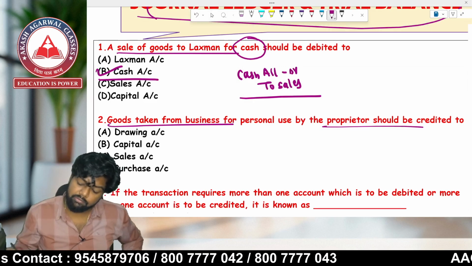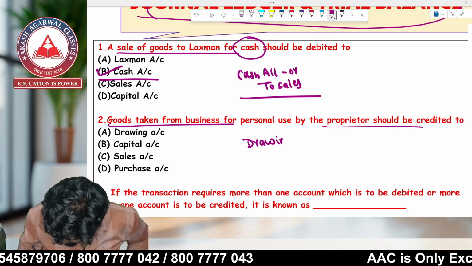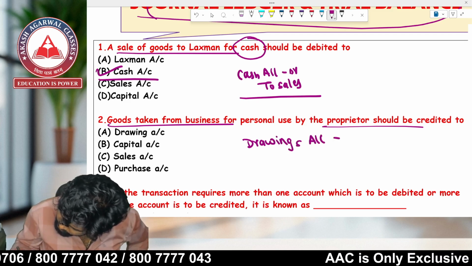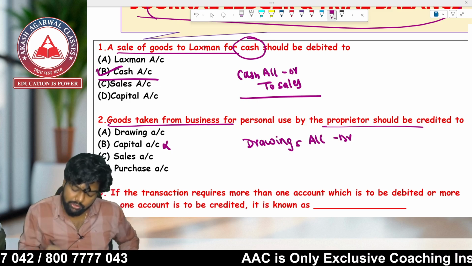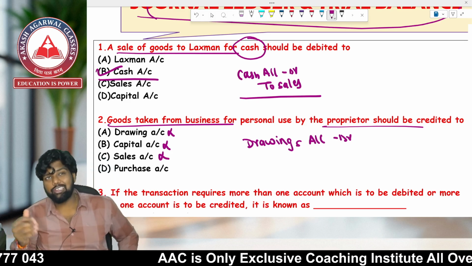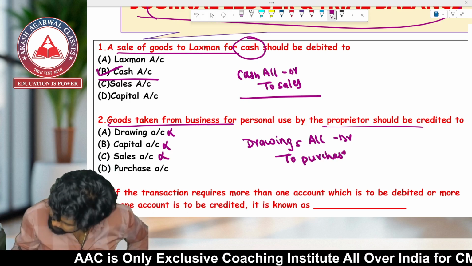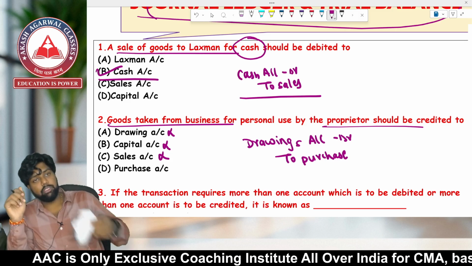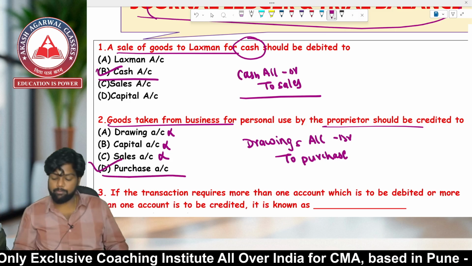You have taken the goods for personal use, so drawings will be debited. Drawings will be debited, and capital cannot be credited, drawings cannot be credited, sales cannot be credited. It is decreasing my purchases, so drawings account debit to purchases. Either you can decrease it from the purchases or you can show it on the credit side. Option will be D.